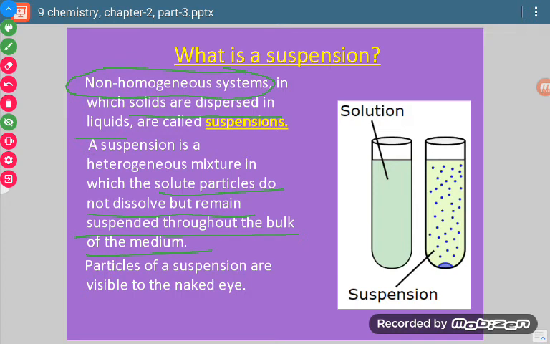What does it mean? It means that in a suspension the particle size is higher. Because of the higher size, they cannot be dissolved easily, so they remain in the suspended form. Since their size is more, we can see the particles of a suspension by naked eyes.